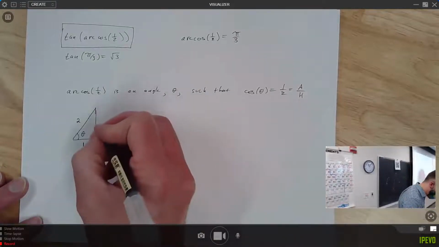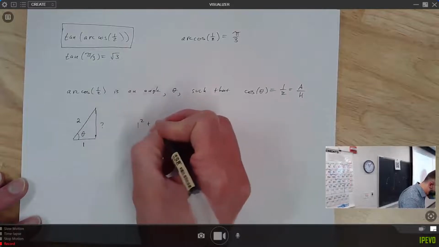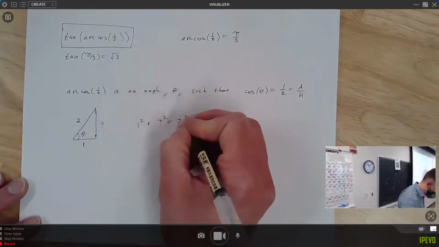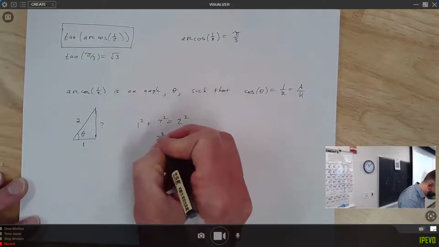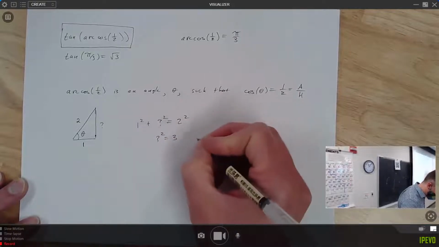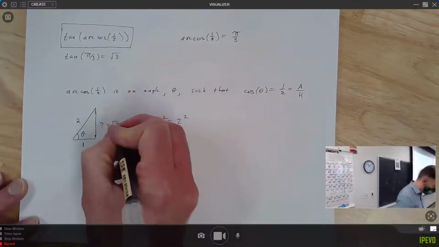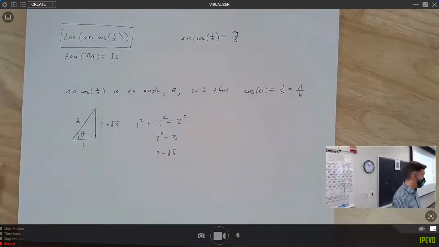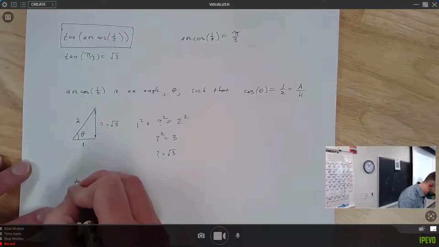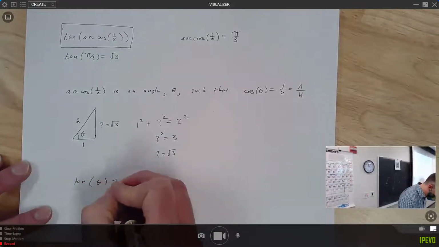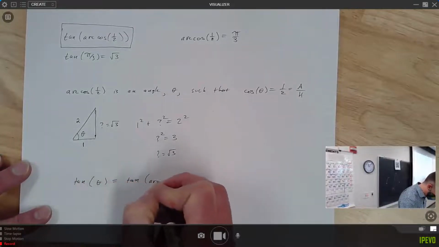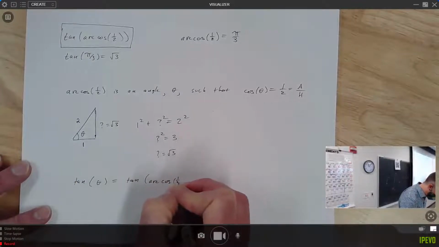So for this side here, 1 squared plus question mark squared equals 2 squared. So question mark squared is going to be 4 minus 1, and our question mark is the square root of 3. And now I can totally find tangent of that angle. Tangent of that angle is tangent of the arc cosine of 1/2.